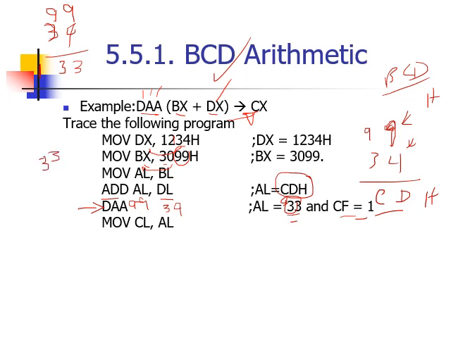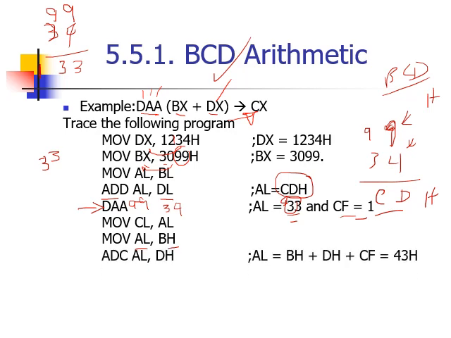Then you do the same with DH and BH. First, BH is placed again in AL. Then you add with carry, don't forget this, DH to AL. When you add BH, DH, CF, you will get this. It does not need any adjustment because 43 hexadecimal is 43 decimal.